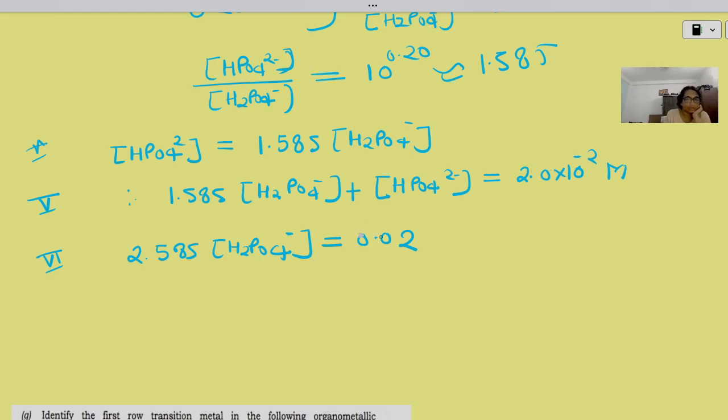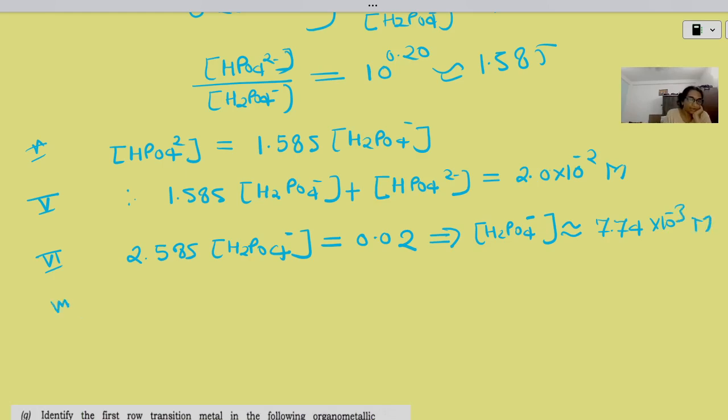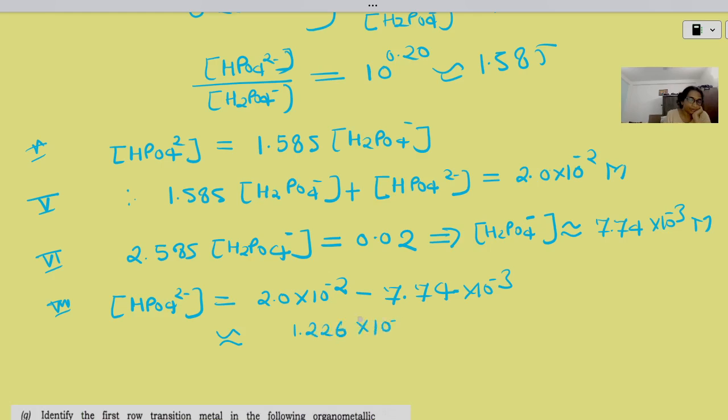Putting in the value, after calculation, the concentration of H2PO4 single negative is approximately 7.74 × 10^-3 M. Finally, we calculate the concentration of HPO4 2 negative: 2.0 × 10^-2 minus 7.74 × 10^-3, and we get approximately 1.226 × 10^-2 M. That is our answer: the concentration of HPO4 2 negative is 1.226 × 10^-2 molar.